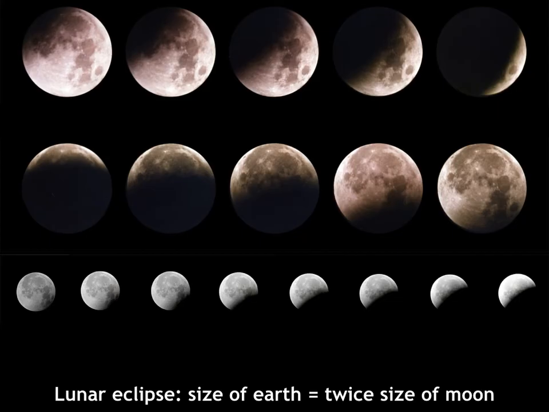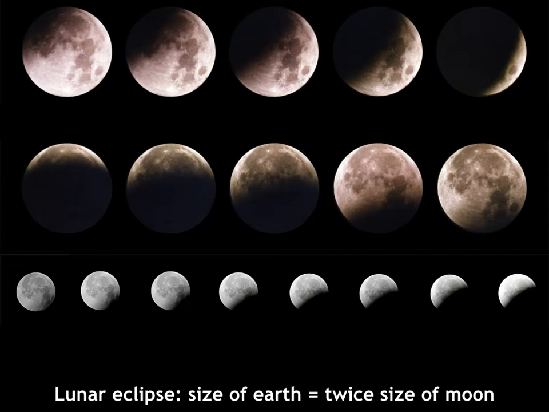And there are also lunar eclipses, of course. Instead of the moon blocking the sun, we now have a situation where the Earth's shadow is cast upon the moon, so that the moon is blocked and becomes dark due to the shadow cast by the Earth. In such a situation, the size of the Earth's shadow is about twice the size of the moon itself.